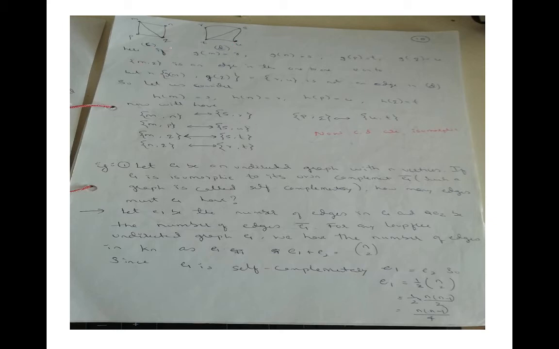Then this I'll represent as C and this I'll represent as D. And here if g of M is R and g of N is S and g of P is T and g of Q is U, then (M, Q) is an edge in C, but (g of M, g of Q) equal to (R, U) is not an edge in D.